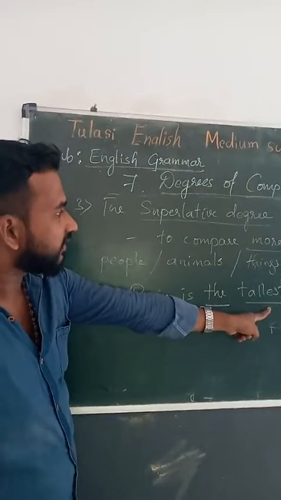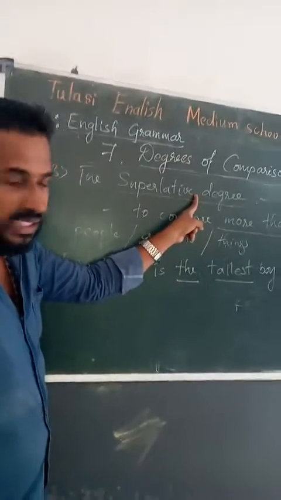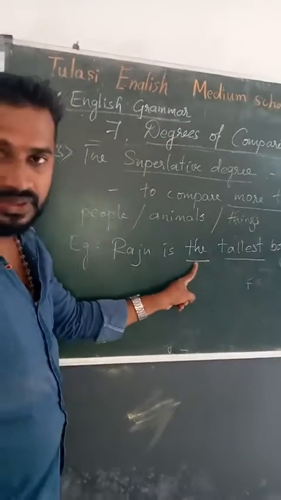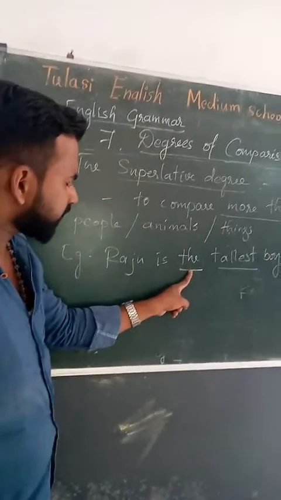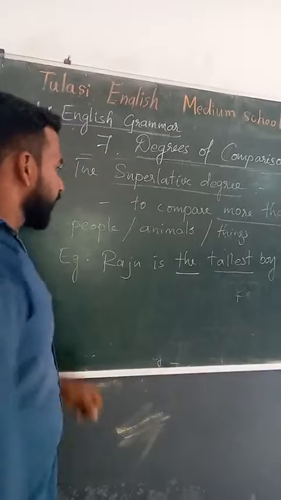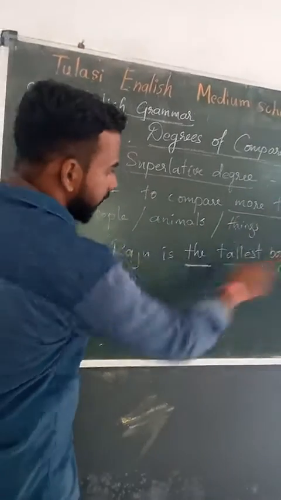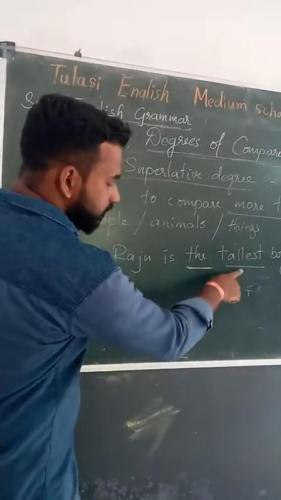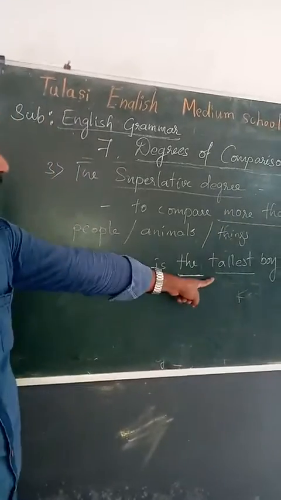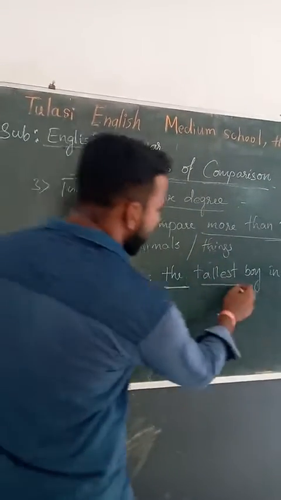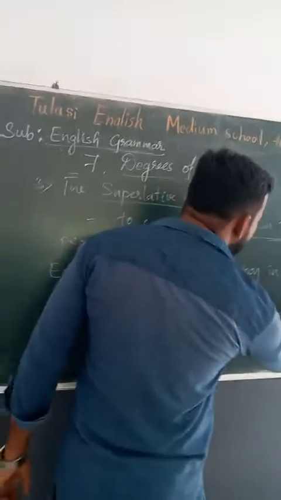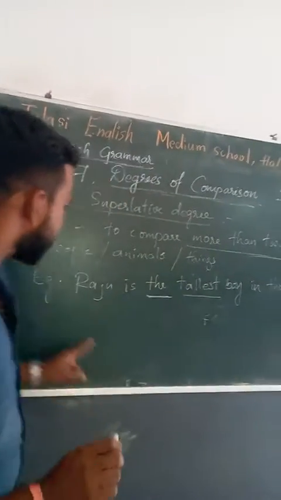Tallest is in superlative degree, so we have to use the. Tallest boy in the class, we have to add this. We cannot stop up to here.